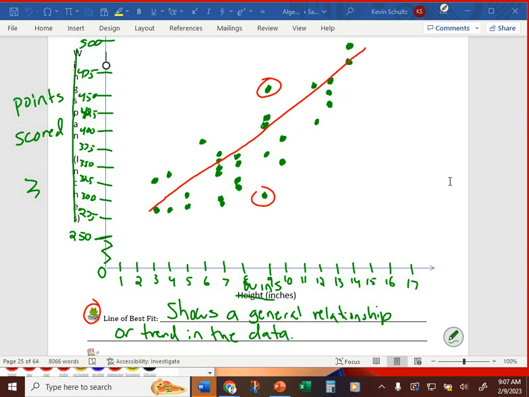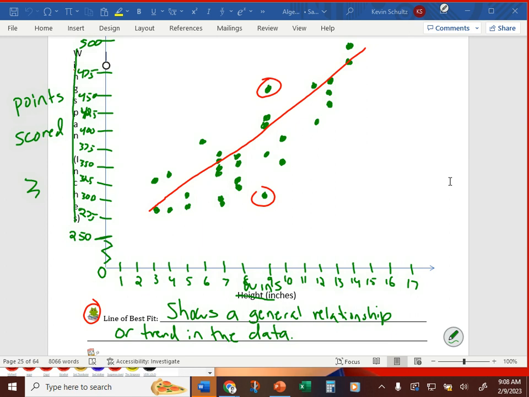If you look at this, what is a general relationship or a general trend between wins and points scored? Colin. Generally, the more points you score, the more wins. Right. Generally, the more points you score, the more wins you have. Generally, the more wins you have, the more points you score.